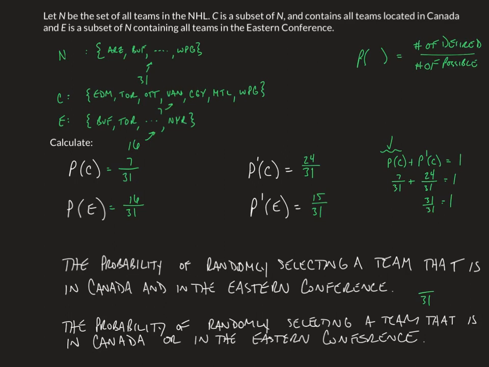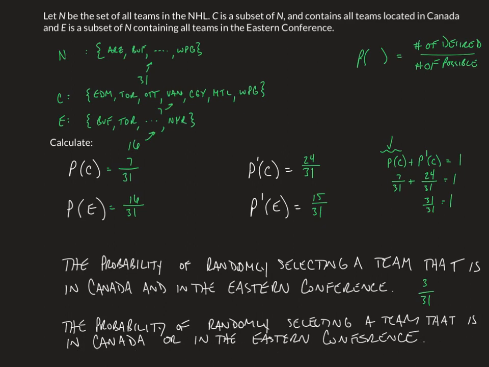And so I could do a little research, and I would see that of these Canadian teams, Toronto, Ottawa, and Montreal are the only three that are also in the Eastern Conference. And so that would mean that the probability of selecting a team that meets both of those requirements is 3 out of 31.